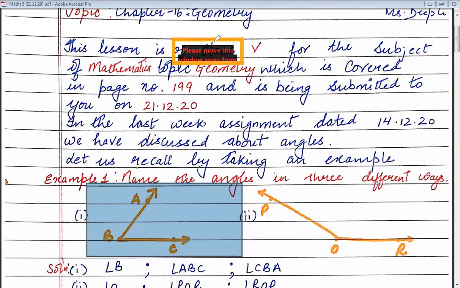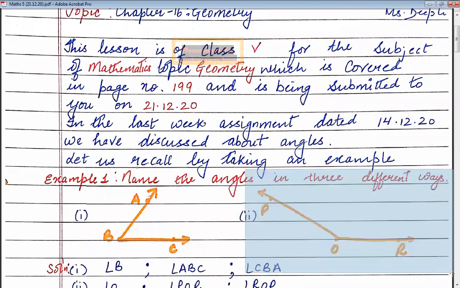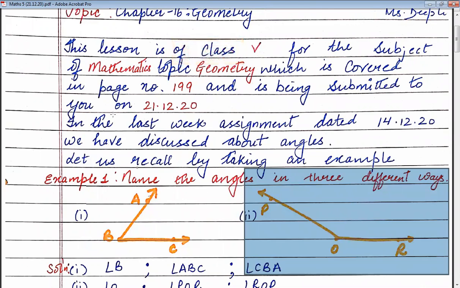Is it clear? Now have a look at the second angle. Again the same. You just have to name this angle. So first you can write with the center point, that is O. So what is the name of this angle? Angle O. Then you can start with any arm.